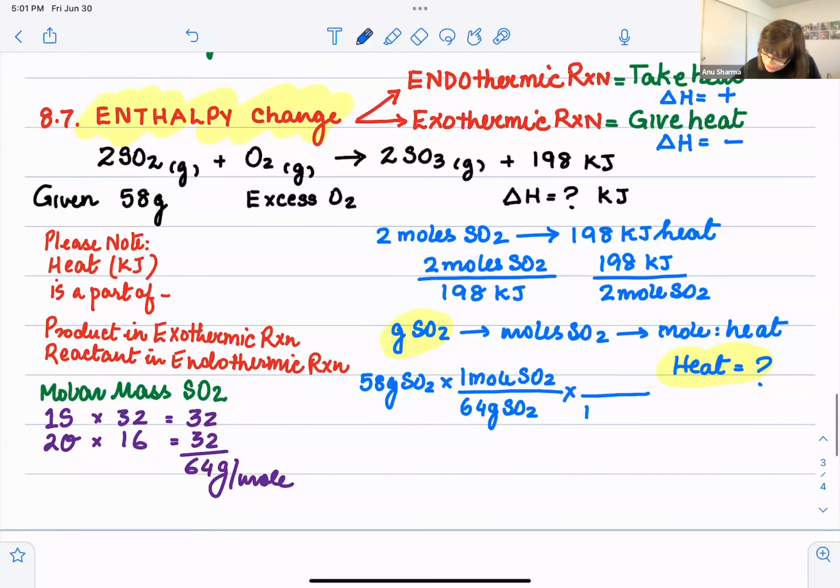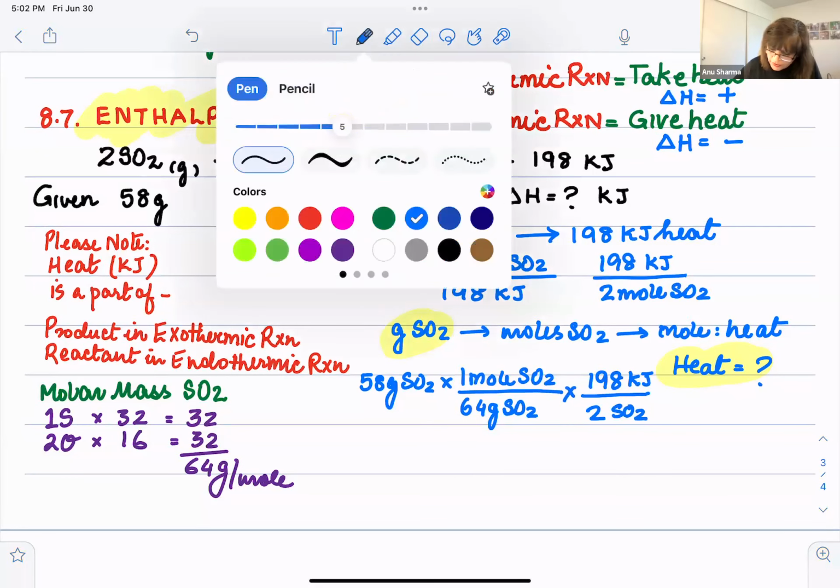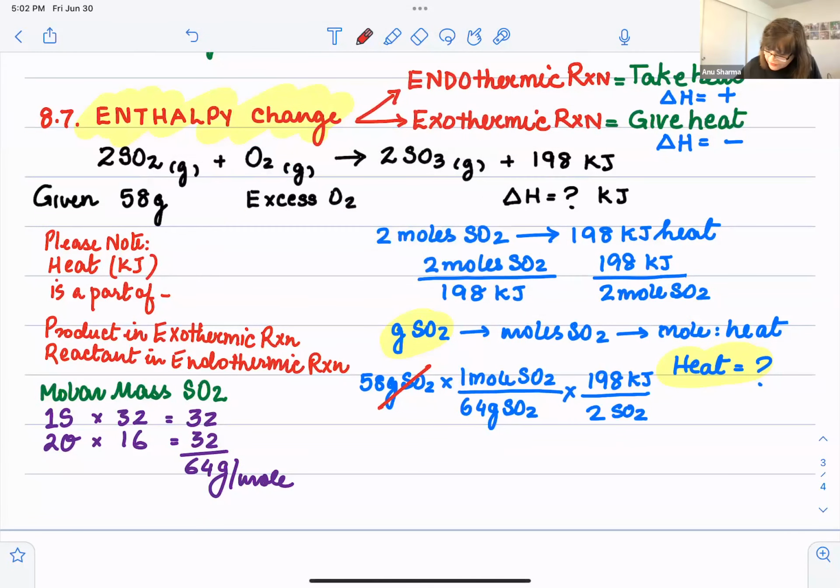It is 2 moles of sulfur dioxide in the reaction, so 2 moles of sulfur dioxide are producing 198 kilojoules of heat. Now you just cancel out the grams of sulfur dioxide, and the moles of sulfur dioxide cancel out.